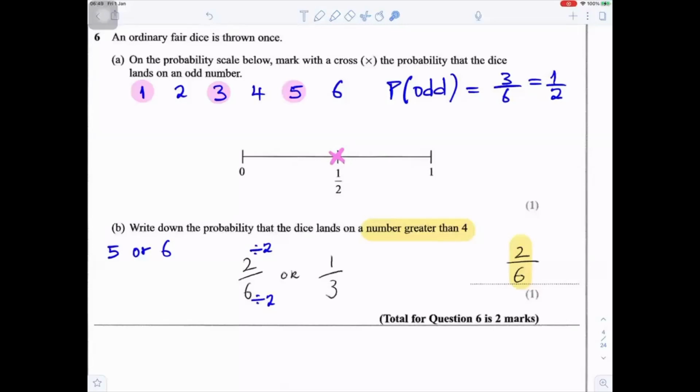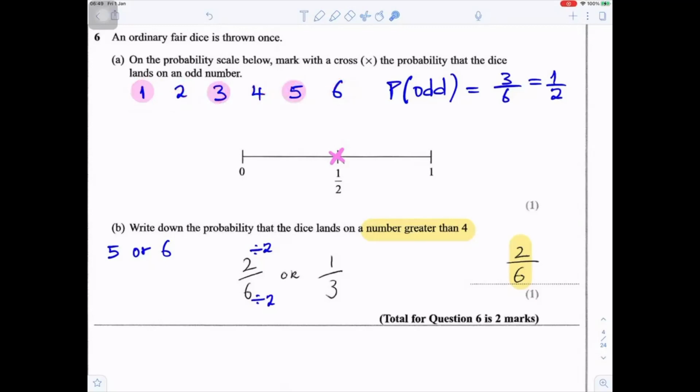Question number 6. An ordinary fair dice is thrown once. On the probability scale, mark with a cross the probability that the dice lands on an odd number. An ordinary fair dice has 6 numbers: 1, 2, 3, 4, 5, 6.